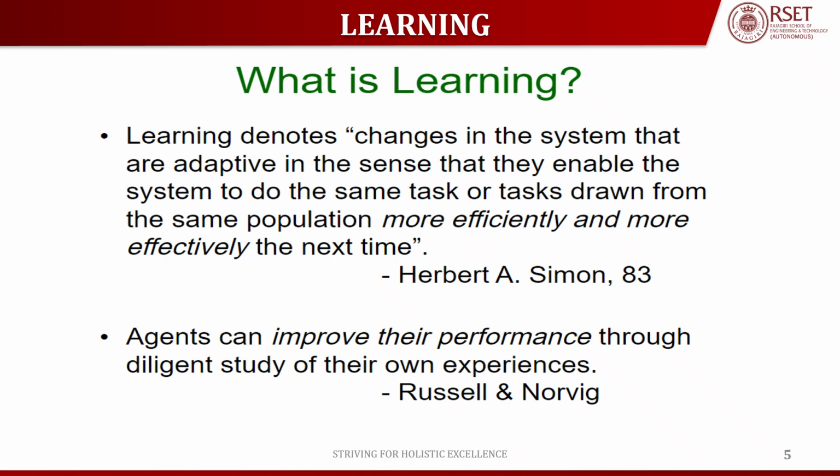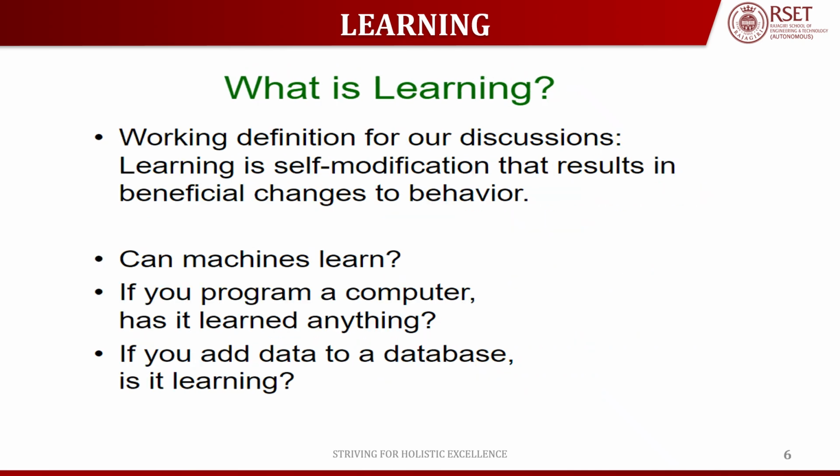So, similarly, in artificial intelligence, a system learns when it becomes better at a task after processing the data or interacting with its surroundings. So, learning may involve acquiring new knowledge and also refining existing knowledge, or reorganizing information so that it can be used more effectively in the future.